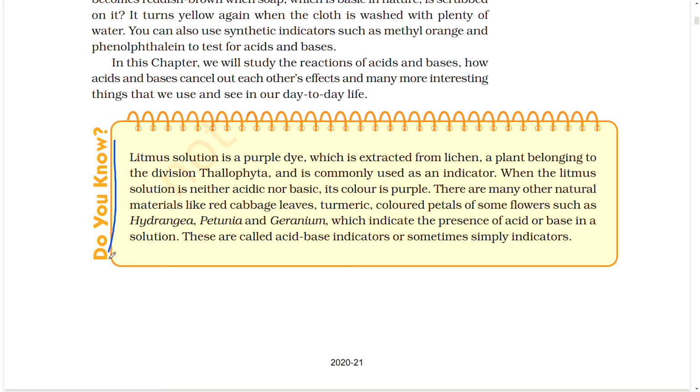There are many other natural materials like red cabbage leaves, turmeric, colored petals of some flowers such as hydrangea, petunia, and geranium, which indicate the presence of acids or bases in a solution. These are called acid-base indicators or sometimes simply indicators.